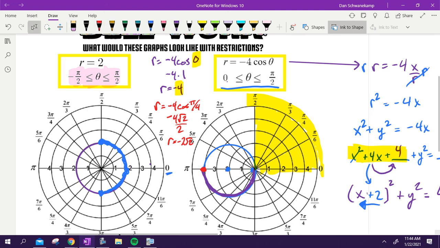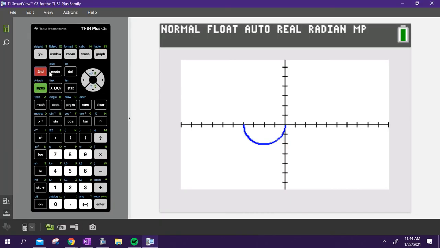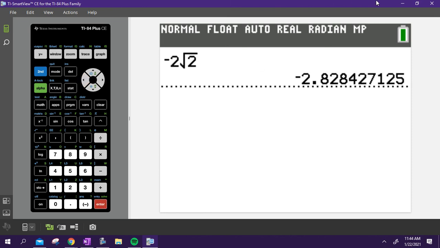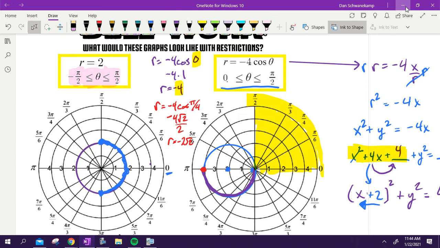What is that going to get me? Hit enter: -2.8. So at pi over 4, I would go -2.8, but it's not going to be over here. I'm going to run across the other side, and look at that, it's that dot right there.